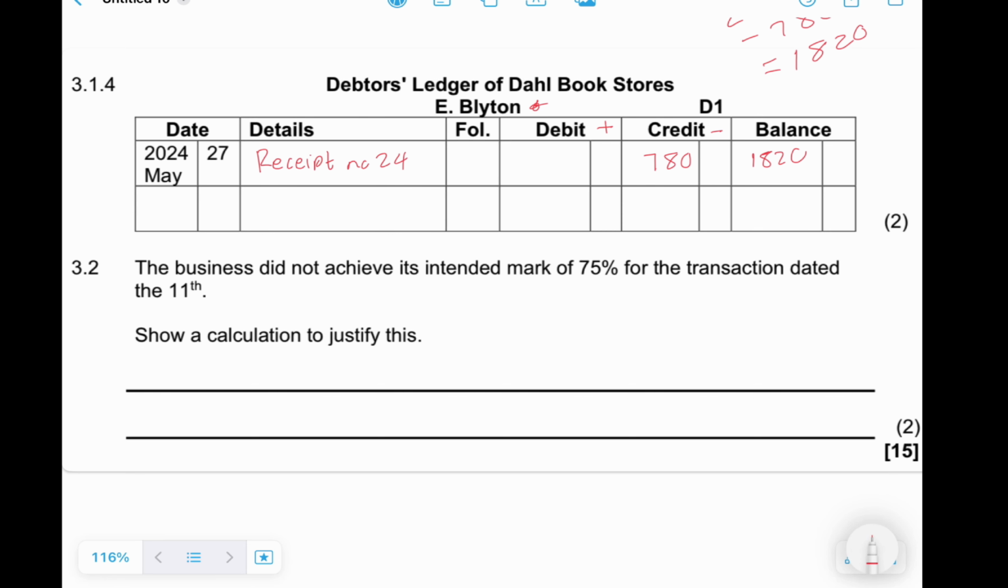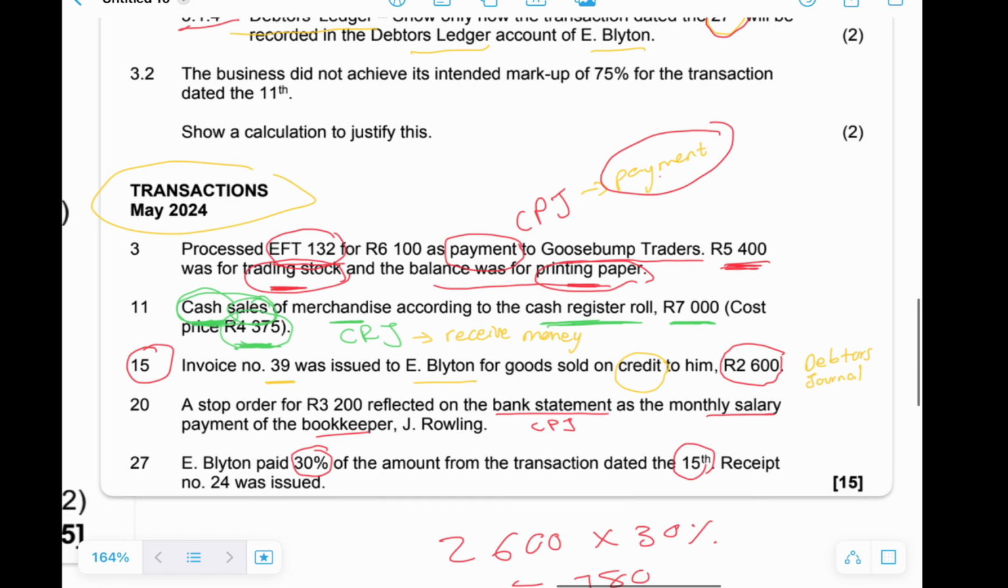The last question says the business did not achieve its intended markup of 75% for the transaction dated 11th. On the 11th, they sold goods for 7,000, and the cost price of those goods was 4,375.